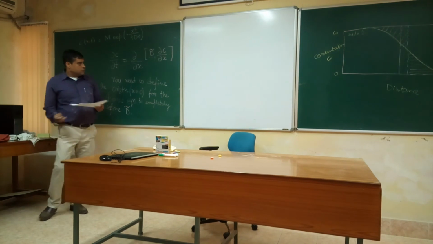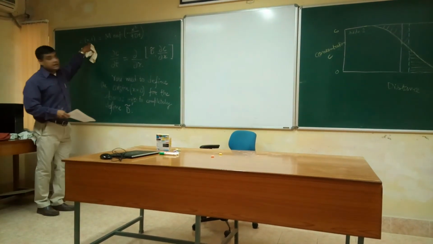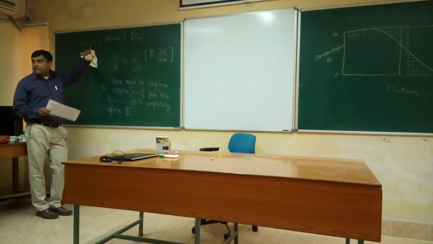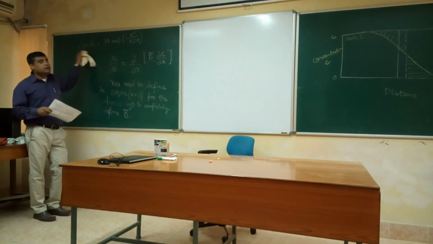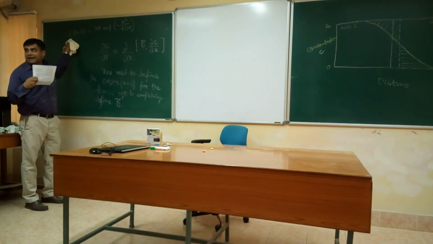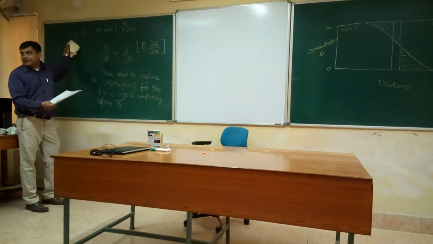Now, this solution is for the self-diffusion case, where on a particular surface you put radioactive isotope and anneal for a particular time. C is the concentration at a distance x from that surface after some annealing time t.